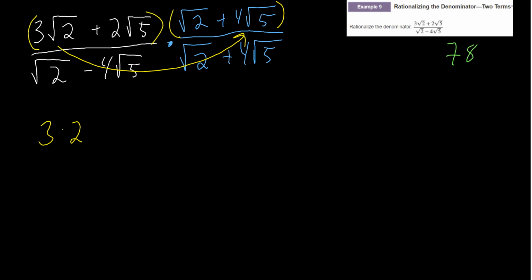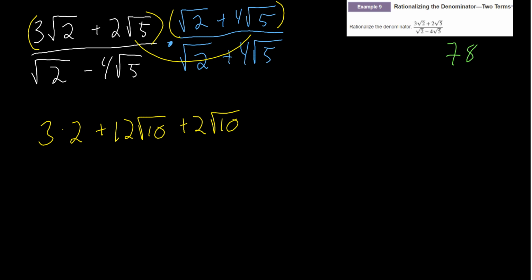We have 12 on the square root of 10, so plus 12 on the square root of 10. Right. And then we have this, so we have 2 on the square root of 10, so that's looking good. So plus 2 on the square root of 10. And then here we have 8 on the square root of 5 squared, so 8 times 5 is 40, so plus 40. This actually doesn't seem as bad as I thought it would be.